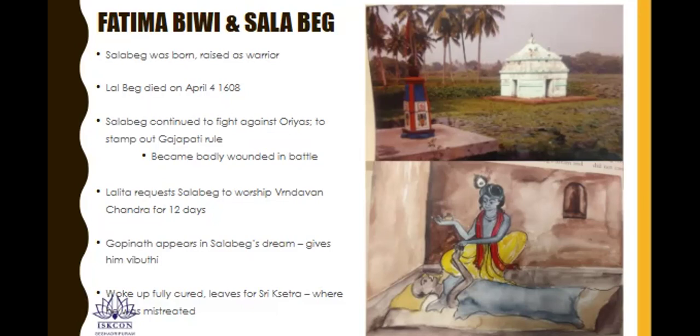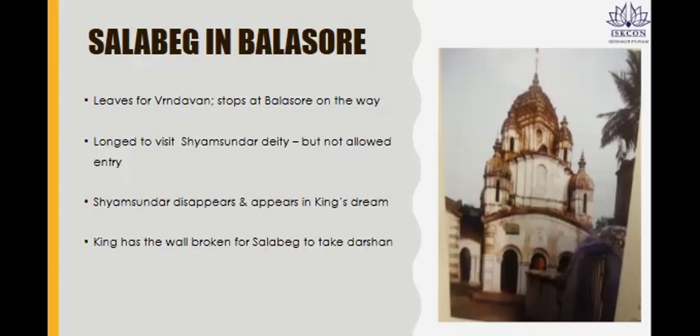When he came back to Odisha, he wanted to take darshan of the Lord, but he was not allowed inside. Even before he reached the main temple in Odisha, on the way back to Puri Jagannath, he went to Balasur. There is a place called Gupta Vrindavan with the Shyam Sundar deities of the Lord, but he was not allowed to take darshan.